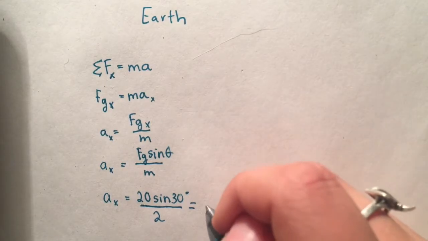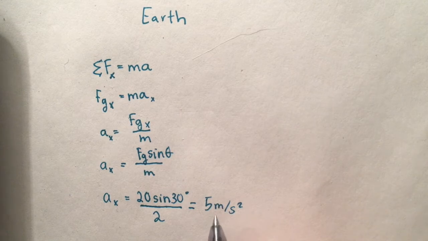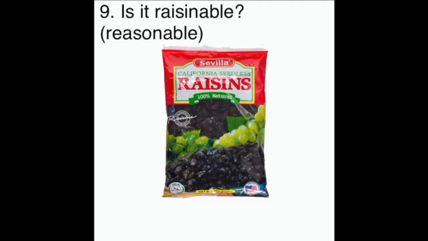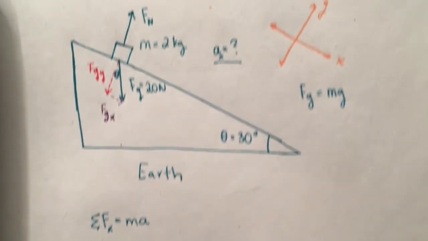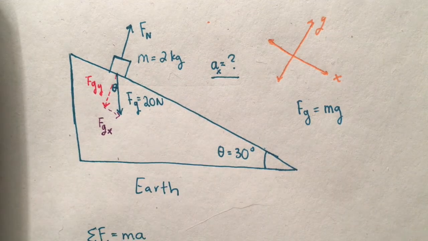So our acceleration is 5 meters per second squared. Remember, we're talking about acceleration, so our units are meters per second squared. What this means is that the block is accelerating in this direction at 5 meters per second squared. Which makes sense, because that is our positive x-axis.